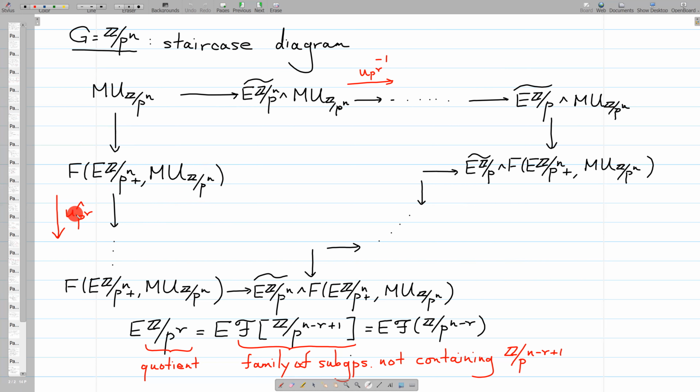And then next one will be F from E Z mod P to the N minus 1 plus into the MU Z mod P to the N, and so on.